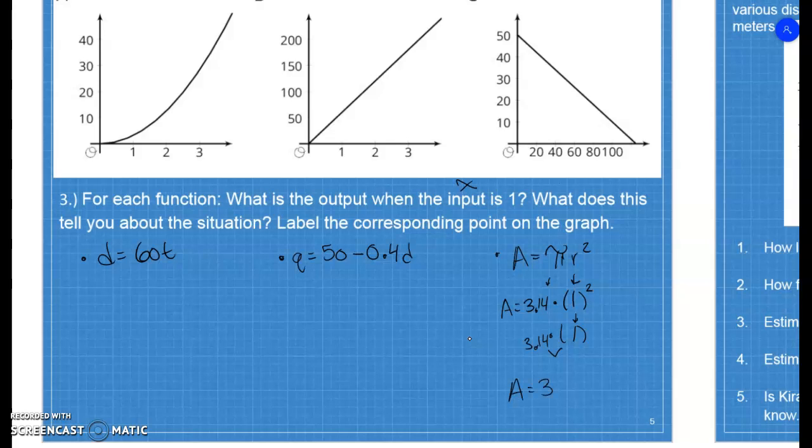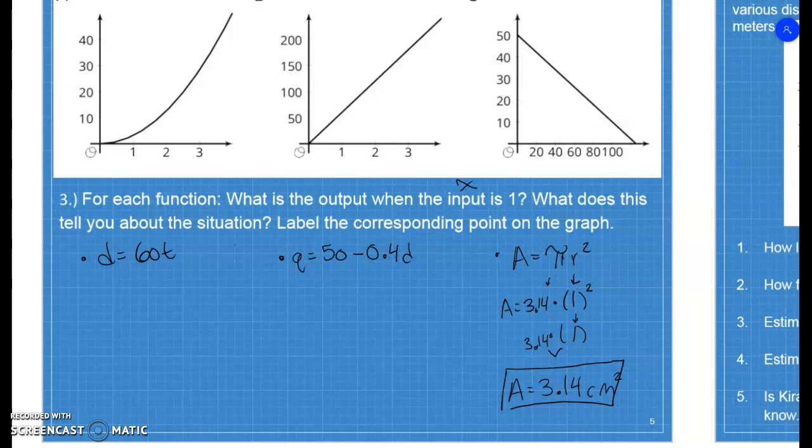So the area for an input of 1 is 3.14 centimeters squared. Now area is the only time we have the increments squared. So inches squared, centimeters squared.